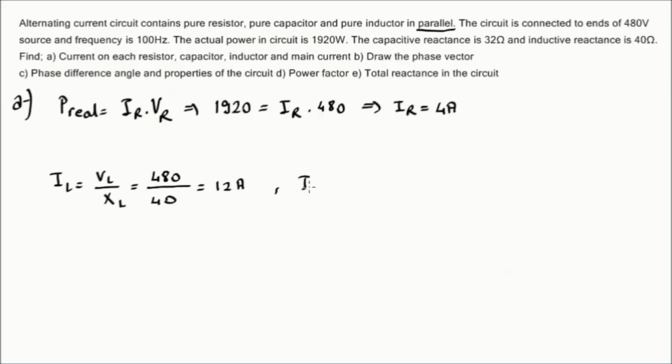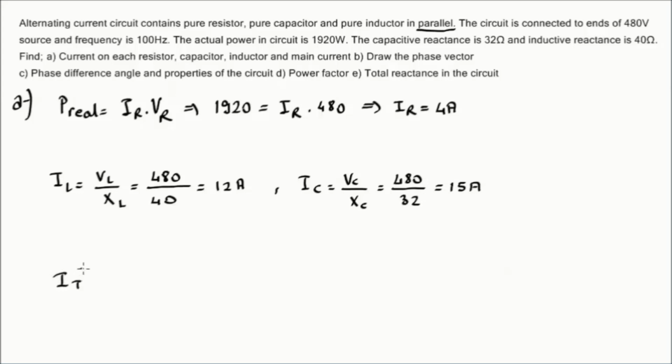And IC equals VC over XC. VC is also 480 over XC equals 32. So the result is going to be 15 ampere. And the question also says to calculate the main current.